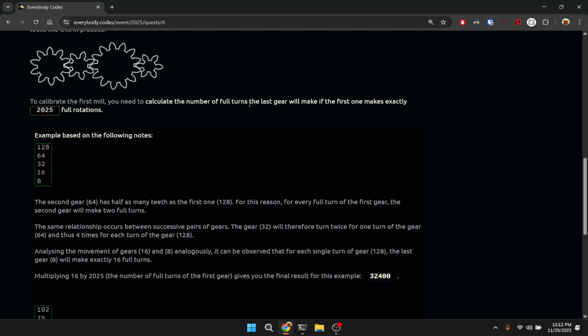We can make it turn once. So if it's smaller, right? If it's smaller, it turns way more easily. Right. I think it's just like fractions, probably. I guess.